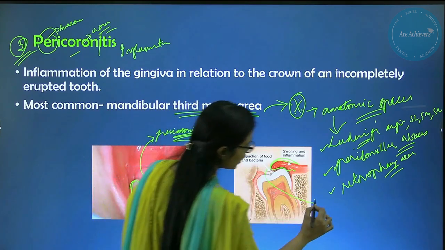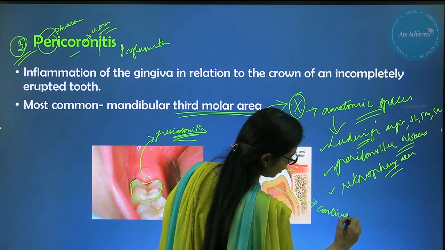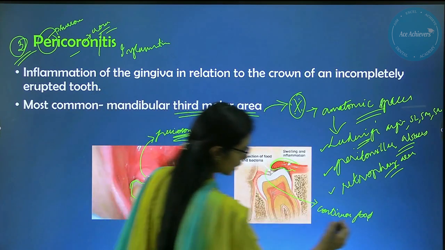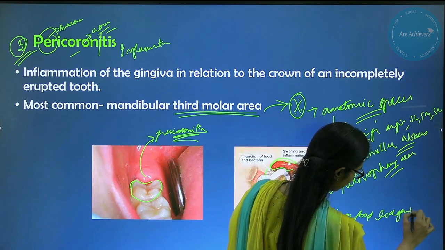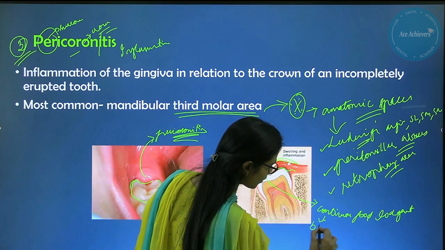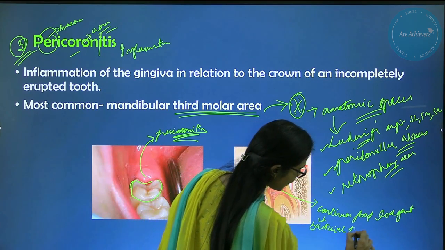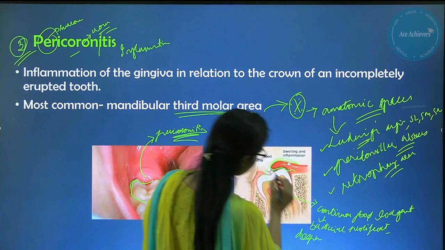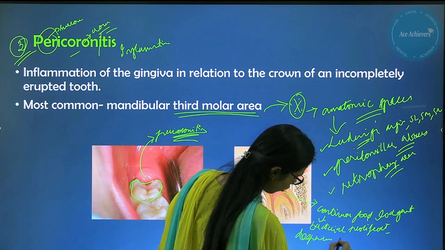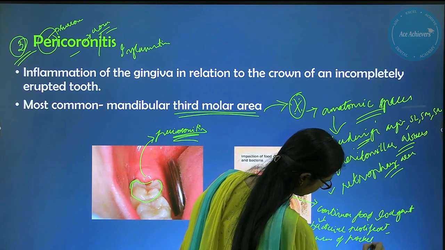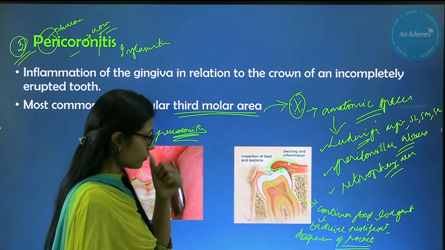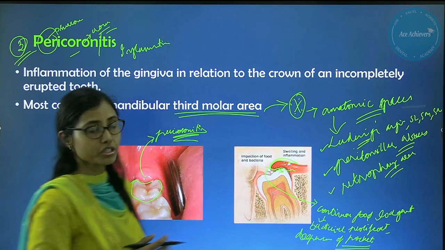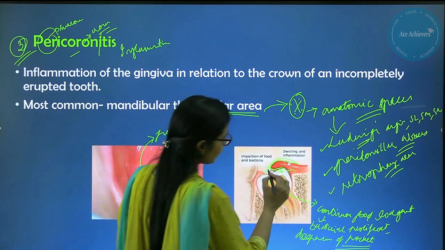There is continuous food lodgement between the loose flap and the incompletely erupted tooth, so there is bacterial proliferation and deepening of the pocket. This area is very loose, and because of that there is bacterial proliferation and deepening of the pocket, and this area inflames and swells up.